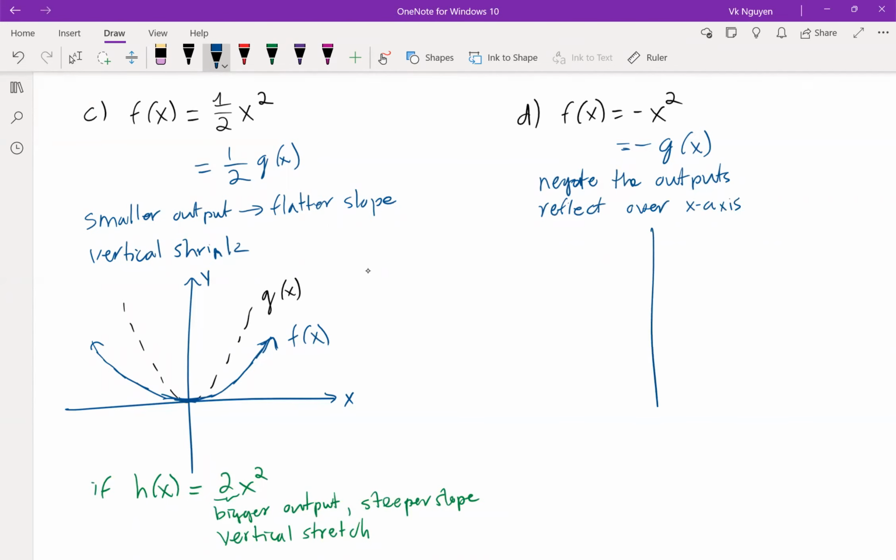Okay, so this will look like the graph of the parent function g(x), reflected over the x-axis, and we have the graph of f(x).